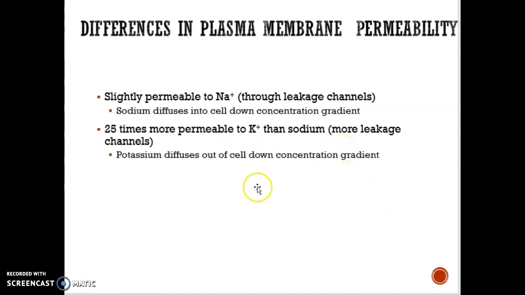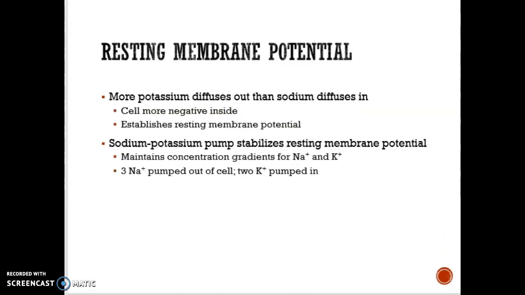Now, when we talked about leakage channels, if you remember, leakage channels mostly are going to be susceptible to potassium. So if the leakage channels are more susceptible to potassium, that says that potassium is going to control resting membrane potential. It allows the resting membrane to maintain its certain levels.